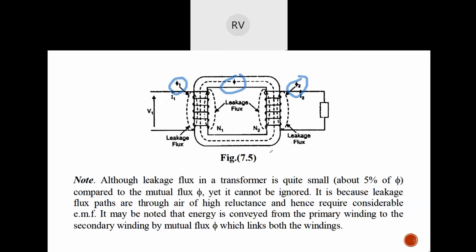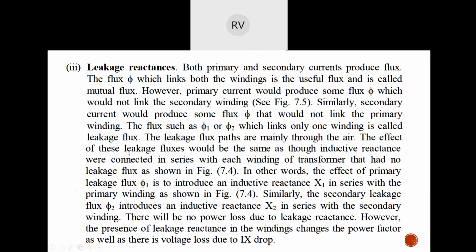This flux is called the leakage flux, whereas the mutual flux is also called the linkage flux, which links both the windings. Flux such as phi1 and phi2, which links only one winding, is called the leakage flux.